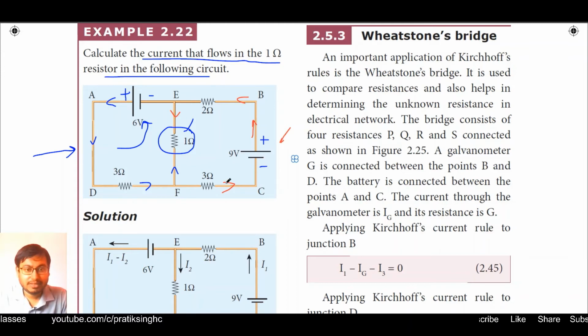For taking E and F, let me erase all the other things except the resistor between E and F. Just a moment.